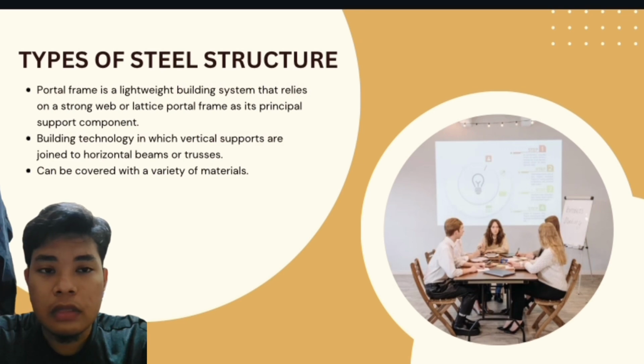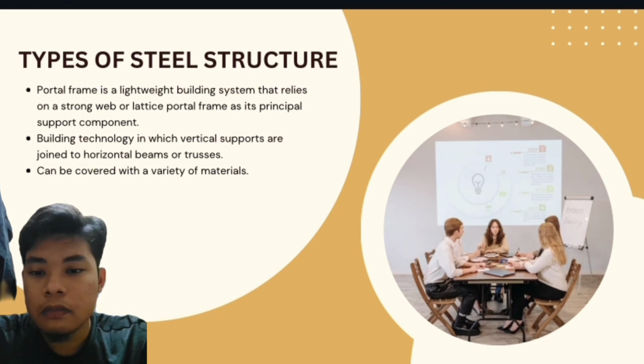The last one, a portal frame can be covered with a variety of materials. The most popular method for affordability and speed is some type of lightweight insulated cladding such as metal cladding with cavity masonry work to the bottom 2 meters of the wall to offer security and impact resistance.